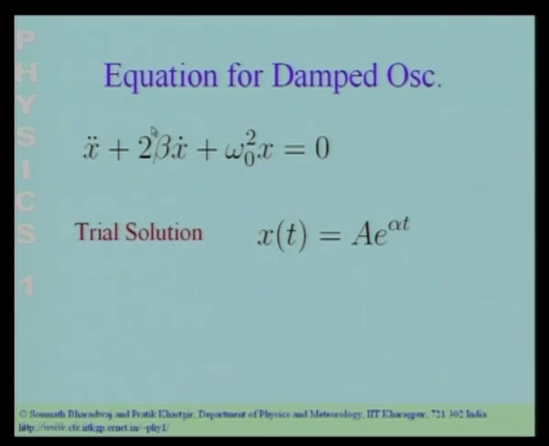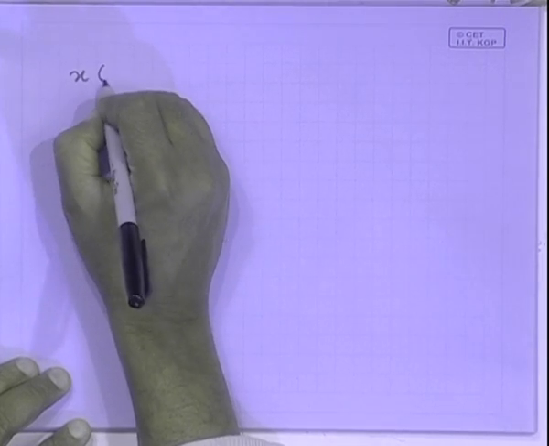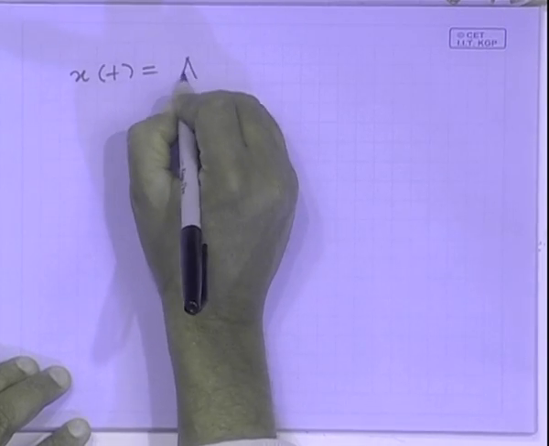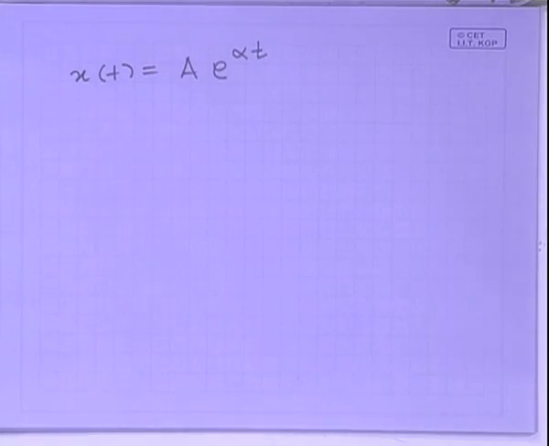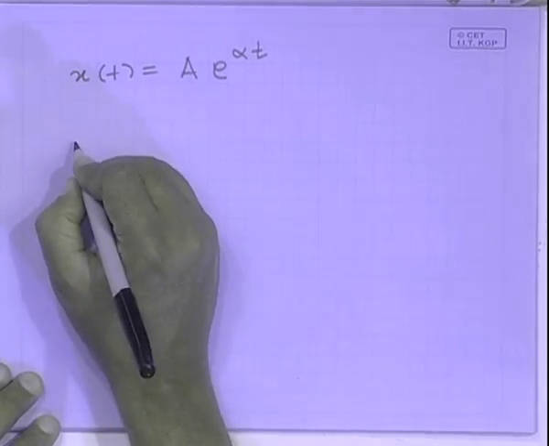So, you have to now put this trial solution into this differential equation. Let me do the steps involved on the paper over here. So, this is the trial solution which we shall be considering, and we have to evaluate the first derivative.